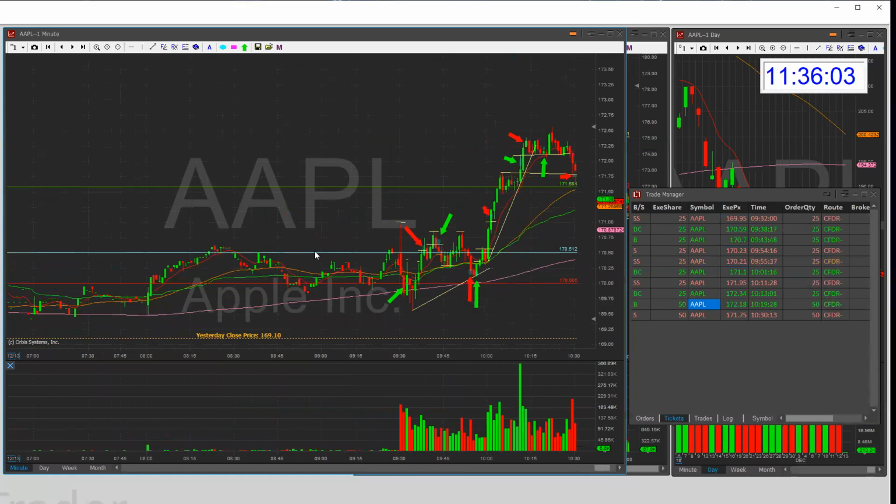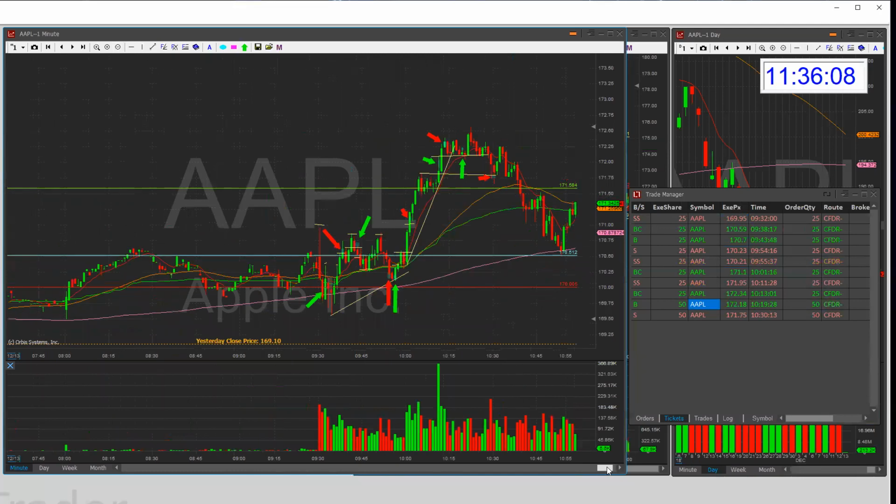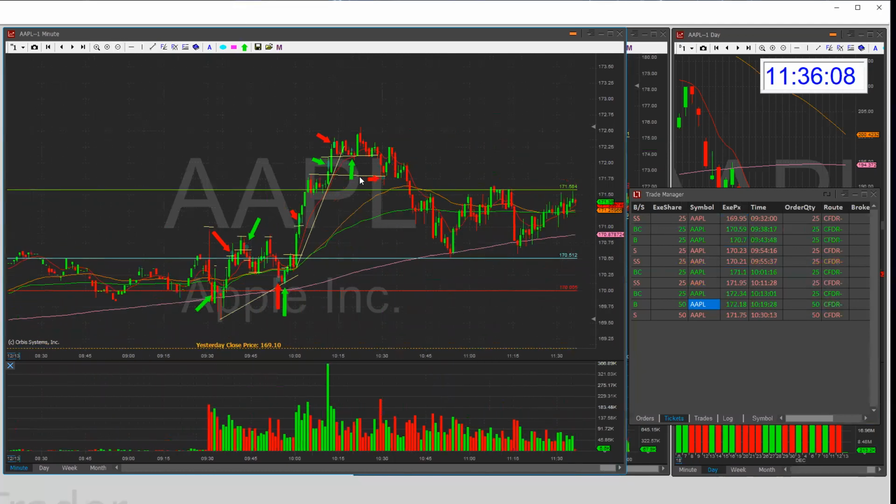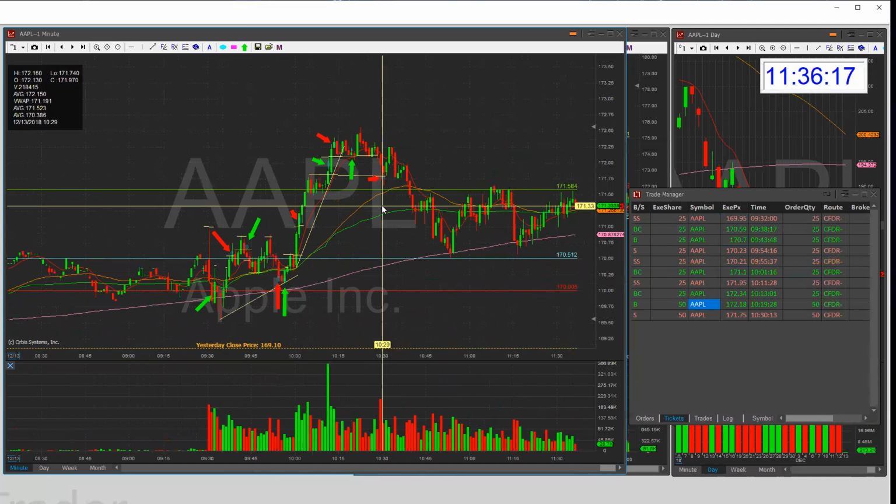Now looking at this is 5 red trades in a row, and I was done. I didn't want to trade anymore, and we're at 10:30, 1 hour in, 5 trades. Too many trades perhaps, but I saw what was supposed to be opportunities, and basically that was it. So 5 trades in a row.